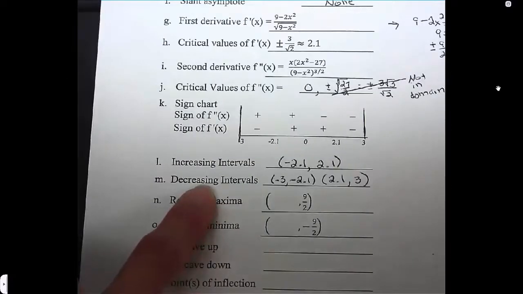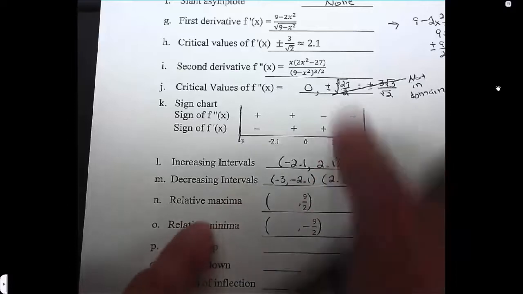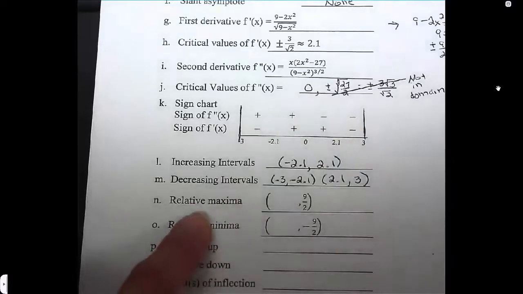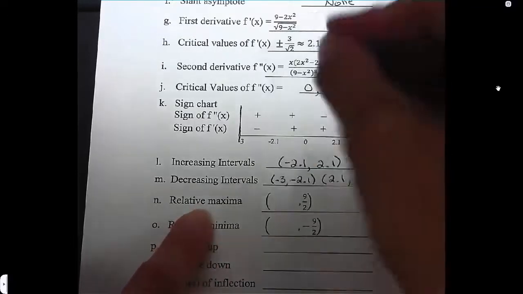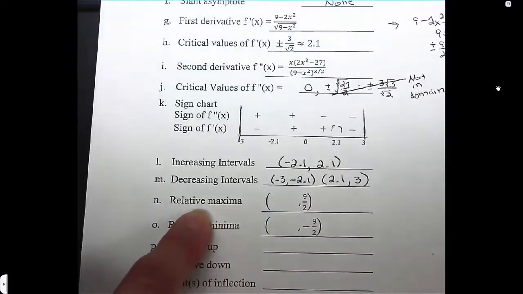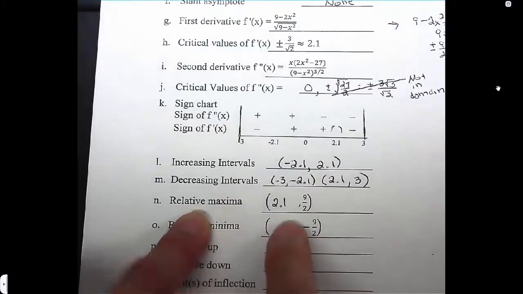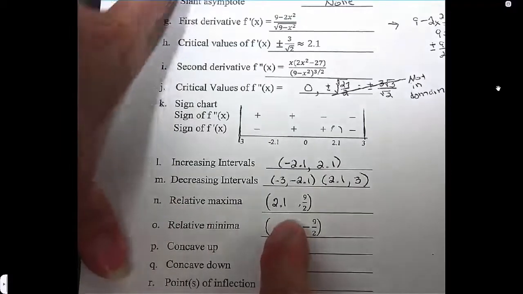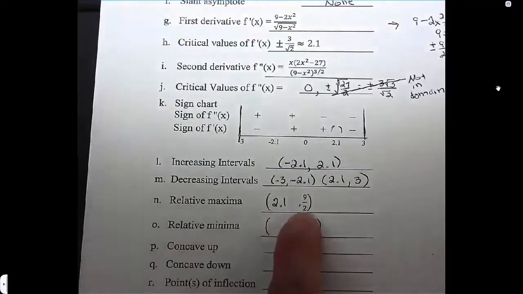All right, how do we determine from this sign chart the relative maxima? First, where the first derivative does what? Increases and decreases. Goes from increasing to decreasing. That's the +2.1. And I went ahead and plugged 2.1 into the original expression, and the y value is about 4.5, 9/2.